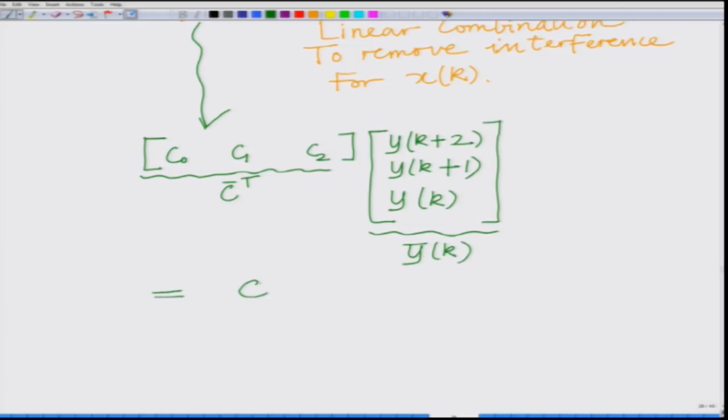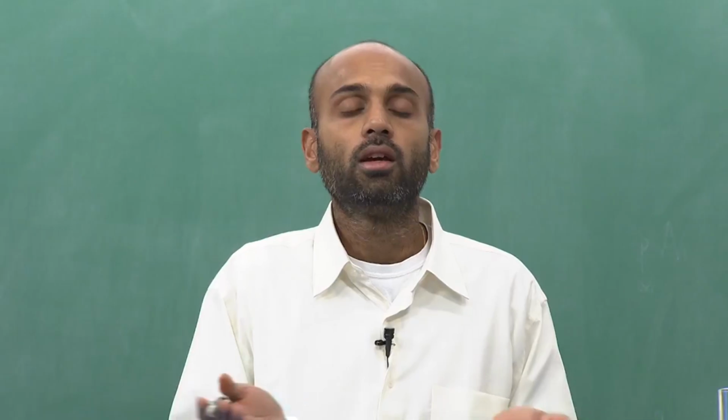So, this is C bar transpose y bar k, and this is the equalizer operation. What is the equalizer doing?